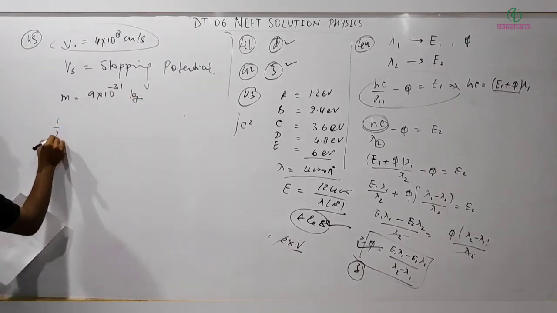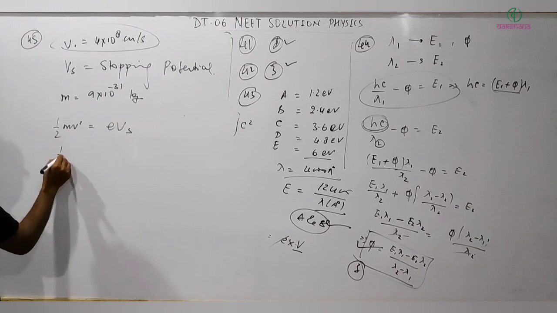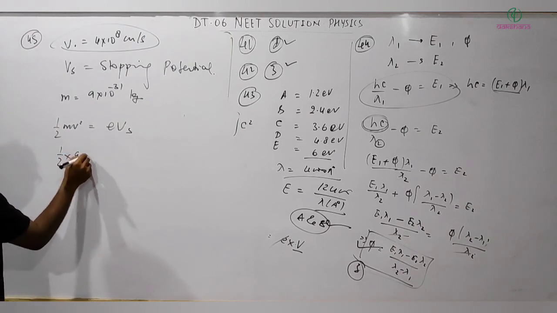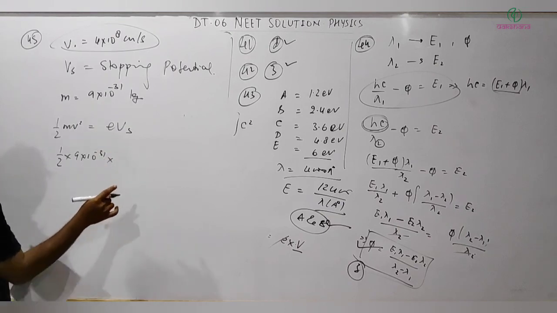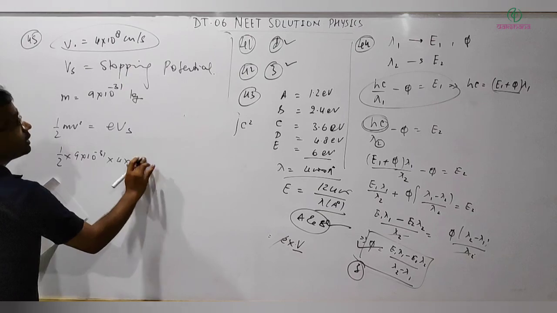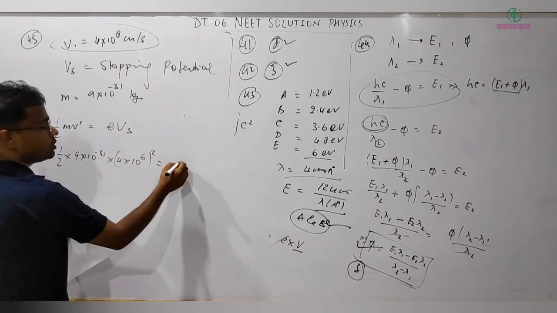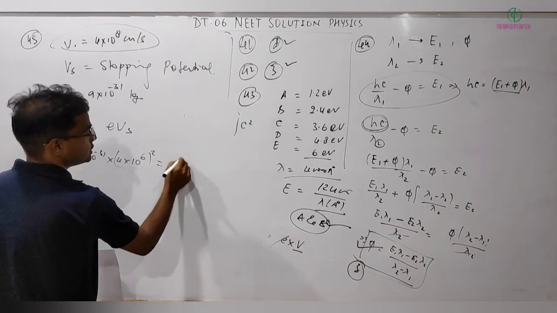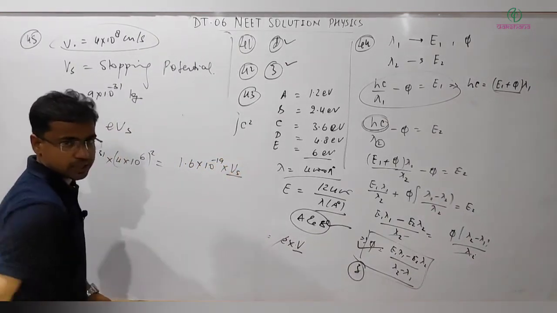Then I can write half mv square is equal to e into V, the stopping potential. Substituting the values, half into 9 into 10 to the power minus 31 into v square, where v is given as 4 into 10 to the power 8 centimeter per second, converted into meter per second that is 4 into 10 to the power 6, whole square, equal to e, the charge, 1.6 into 10 to the power minus 19, multiplied by the stopping potential.